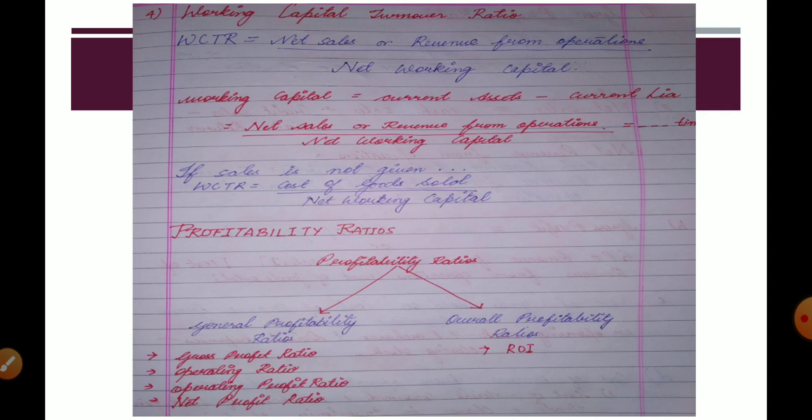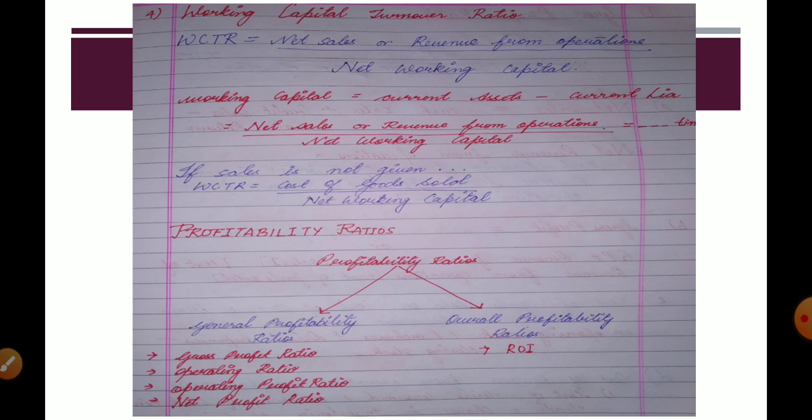The last activity ratio is working capital turnover ratio. As in the first ratio, that is liquidity ratio, you are able to calculate the working capital. Now the working capital turnover ratio is based on net working capital and the revenue from operation.